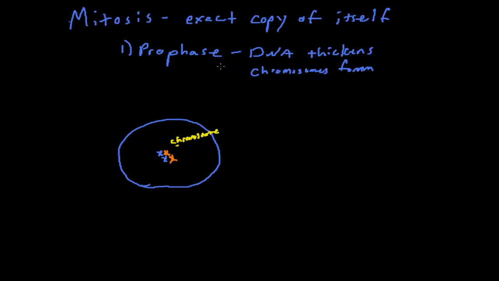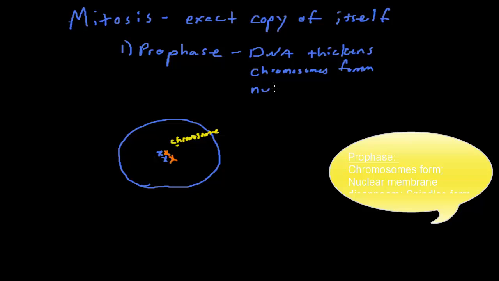So the chromosomes are floating in the middle of the cell. That's the other thing we can say. During prophase, DNA thickens, chromosomes form, and the nuclear membrane, not the cell membrane, that would be wrong, dissolves and disappears, and these little fibers called spindles start forming.